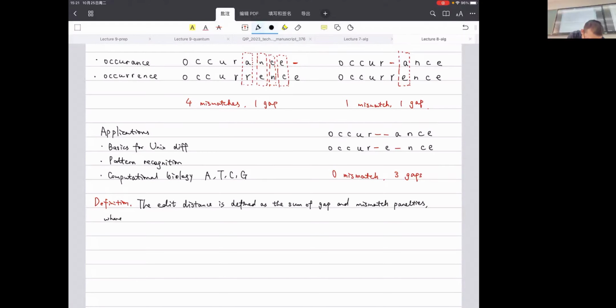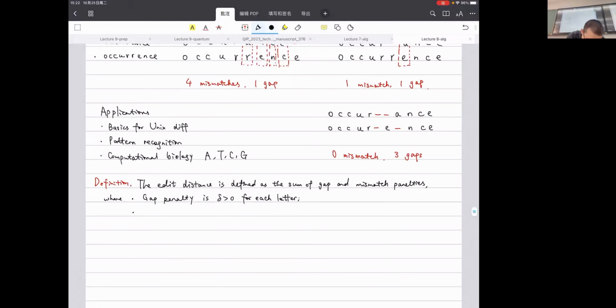In particular, a gap penalty is delta larger than 0 for each letter. And on the other hand, a mismatching penalty.